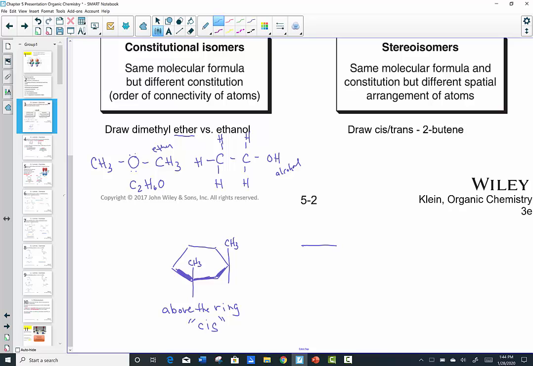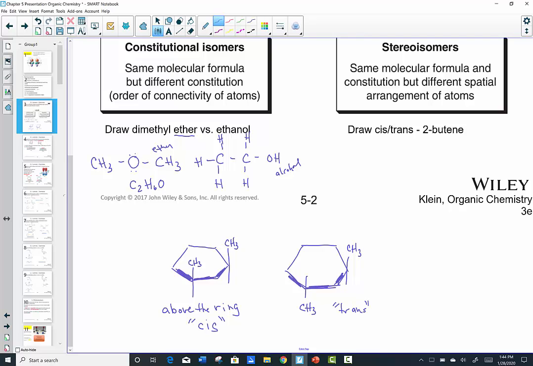If I make that reference again to a second Haworth projection of a cyclohexane, and again, I'm trying to show that those are wedges coming up out of the page. At position 1, if I had a methyl group pointing above the plane of the ring, and on carbon 3, a methyl group below the carbon ring, this we call the trans configuration.